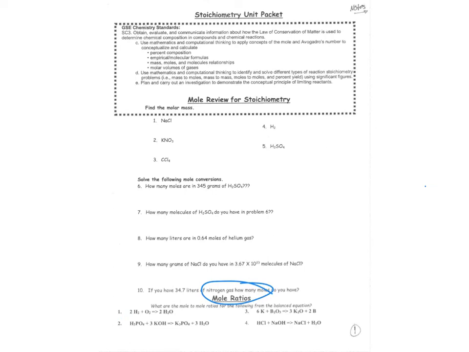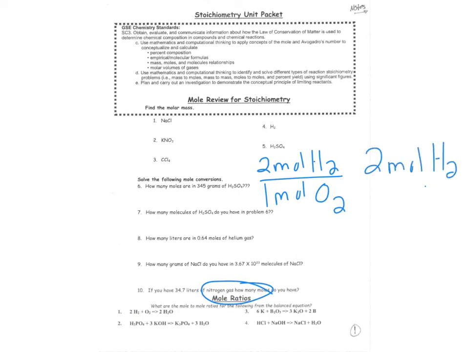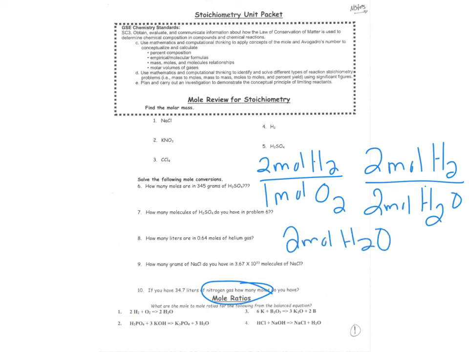Okay, I can have 2 moles of H2 for every 1 mole of O2. For every 2 moles of H2, I will also make 2 moles of water. For every 2 moles of water, I will make 1 mole of O2.